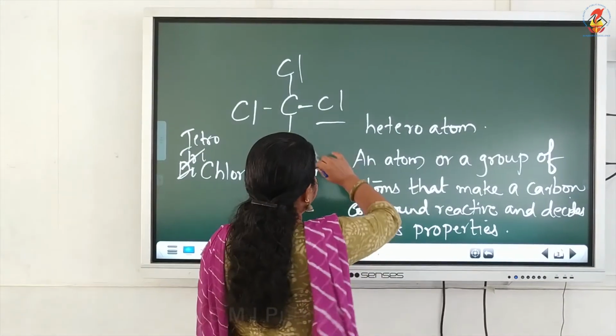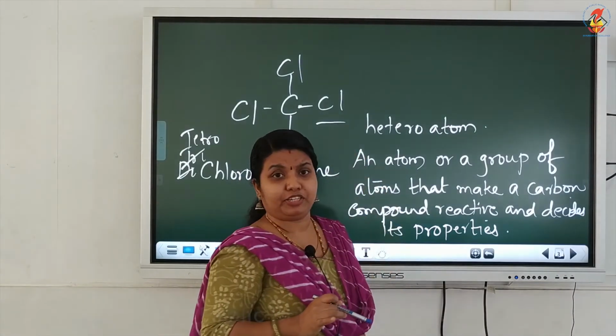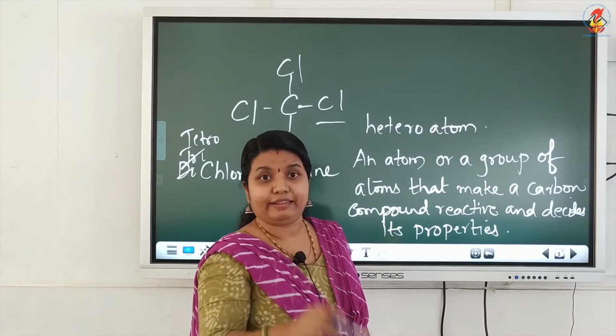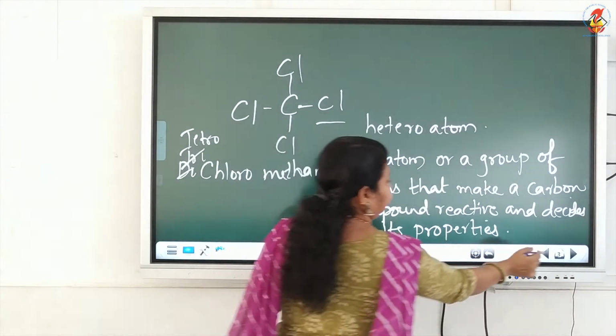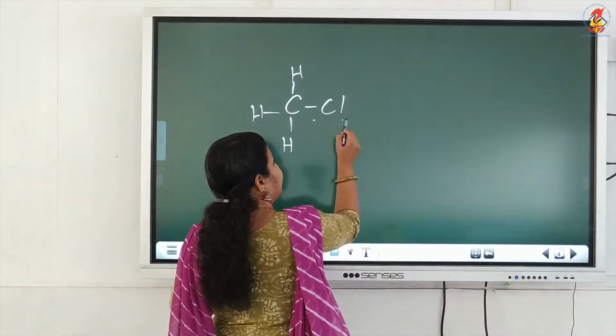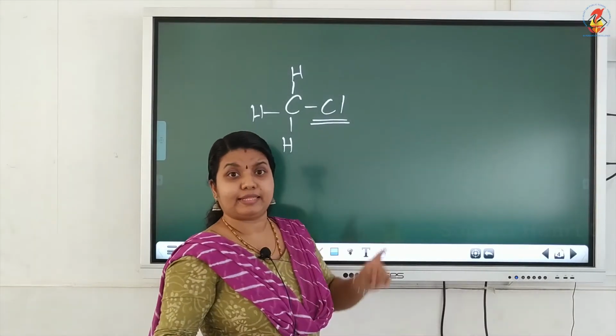Now, here this chlorine is a functional group. It is an atom. It makes the carbon compound reactive and decides its properties. So, this is chloromethane. One of the hydrogen atoms is replaced by chlorine. Here the heteroatom is chlorine and it acts as a functional group.